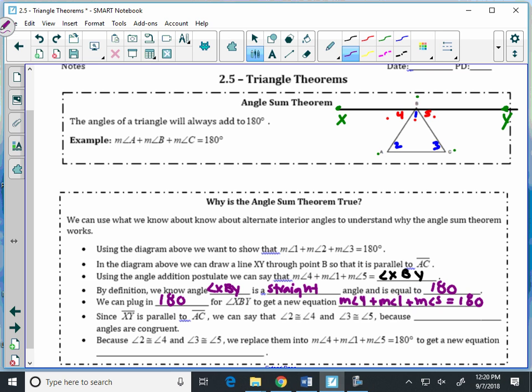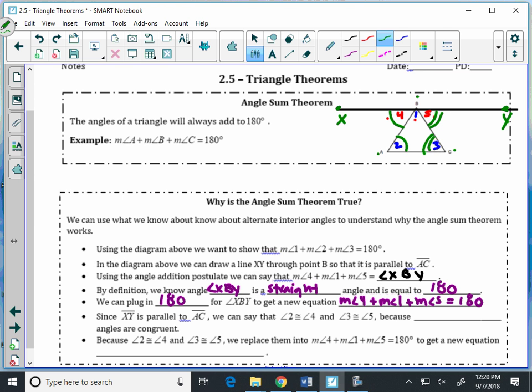They also realized, hey, I drew this line so that it was parallel to the bottom. So we can say that angle 2 and angle 4 are congruent, and angle 3 and angle 5 are congruent. Why?